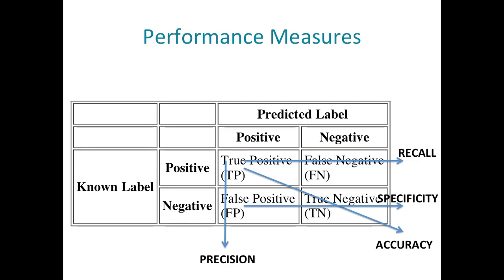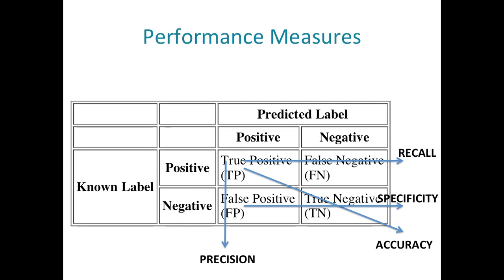And so that was what I was trying to say before: a measure like precision is heavily focused on the predicted labels that we have and how well we are doing, whereas a measure like recall or specificity is heavily focused on the known labels that we have, and how well our classifier is doing in identifying the positive labels in our known data set.